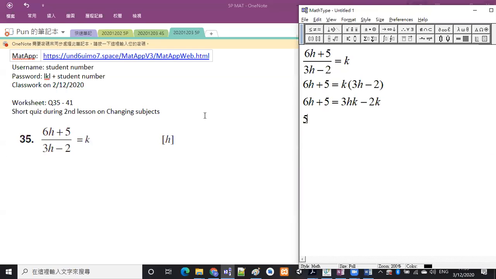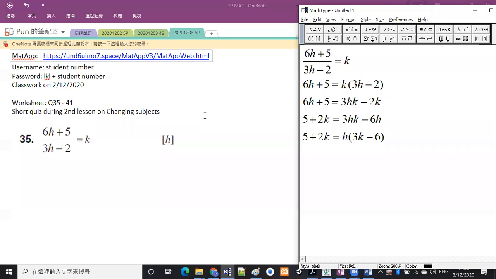So I'm going to move the minus 2k to the left hand side, and then to move the 6h to the right hand side, like this. You can see this. And then I will take out the common factor, that is the subject term here. So 3k minus 6.